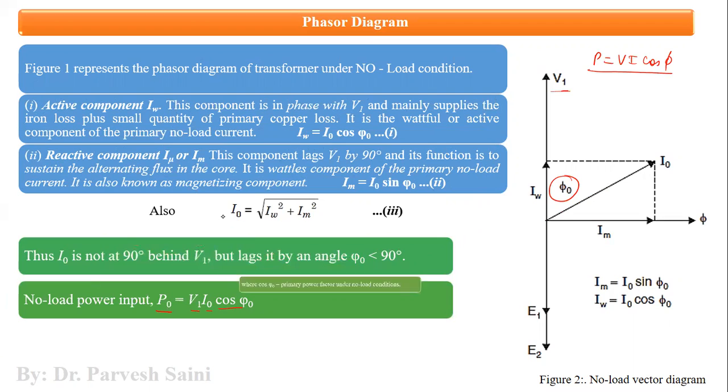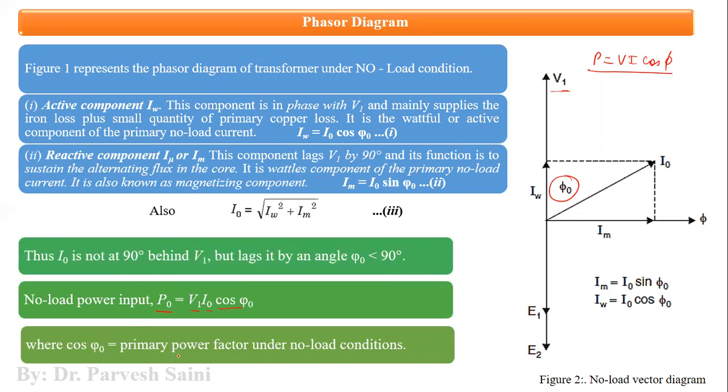This cos phi naught is known as the power factor. Remember, this is the primary power factor because the secondary is not connected to any load. So this is the primary power factor under no load condition. Now this was the phasor diagram of the transformer under no load condition.